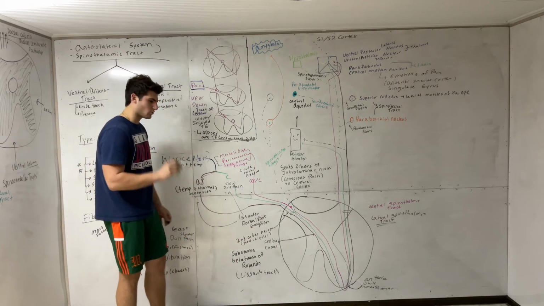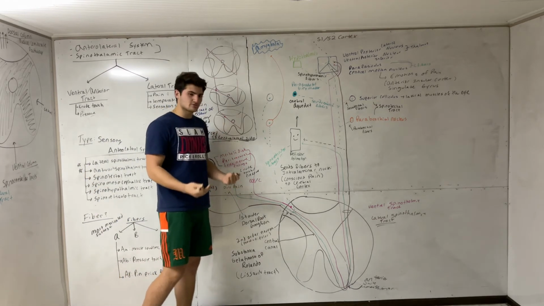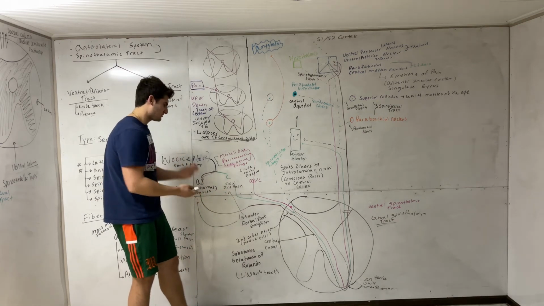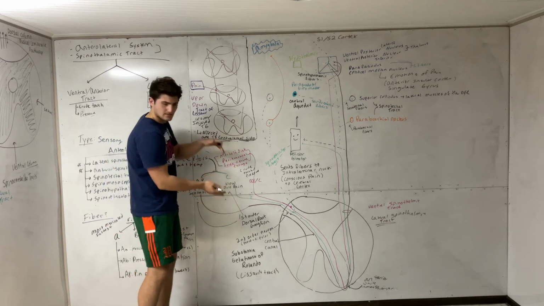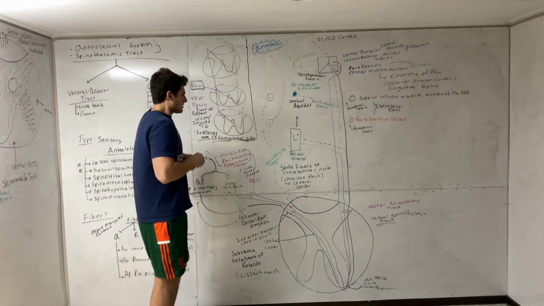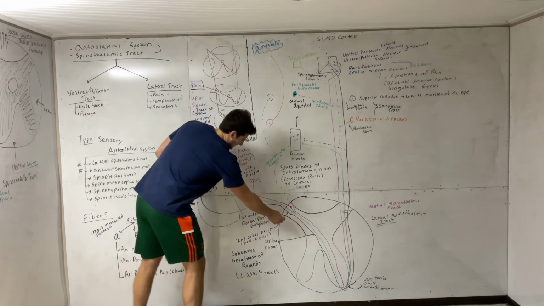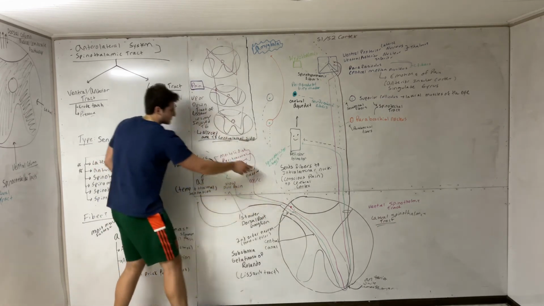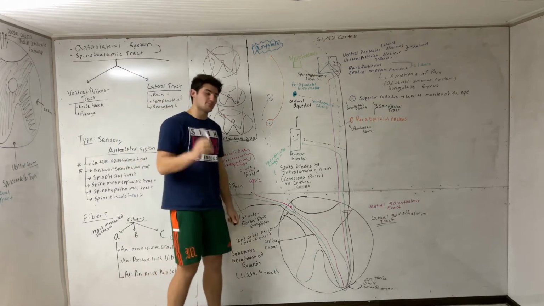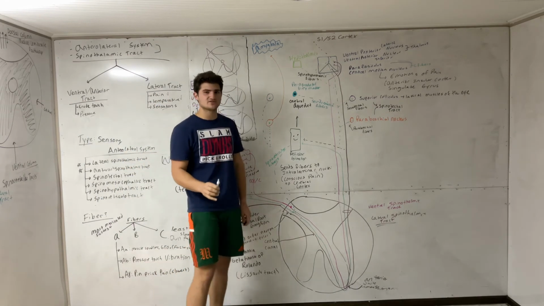Our first order neuron. Where is the first order neuron? Well, it's going to be in the dorsal root ganglion. It's going to be in one of the roots. If you remember what roots were, they came all the way out, like I drew from here in a previous video. I'm pretty sure I explained it best in the intro to the spinal tract video.